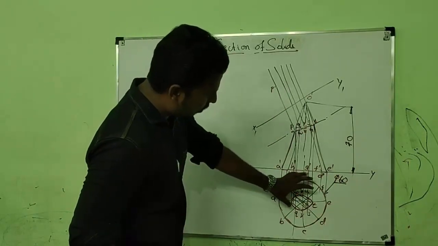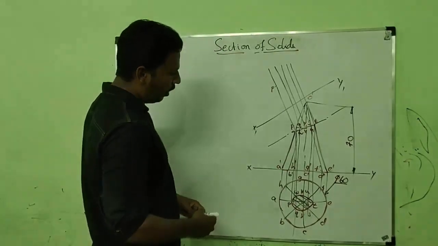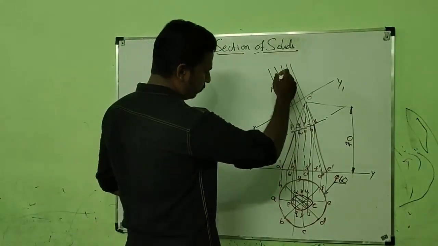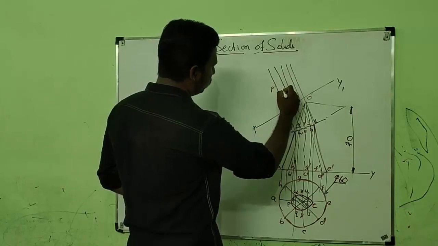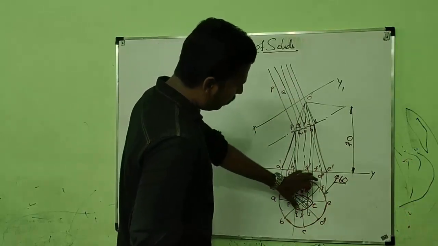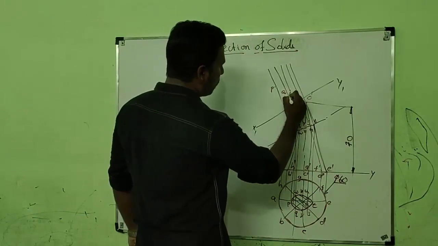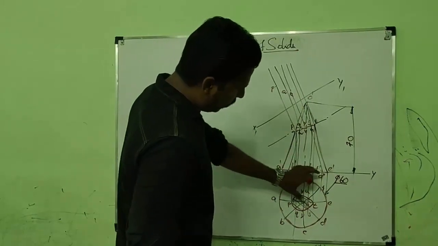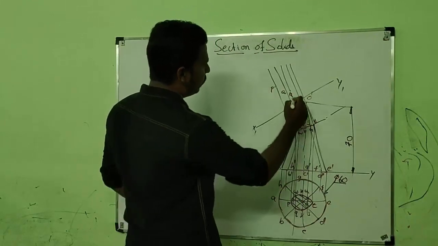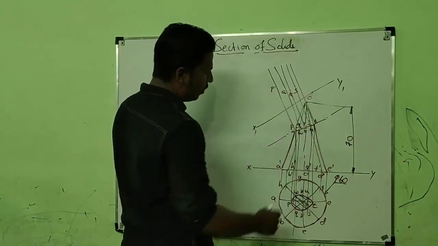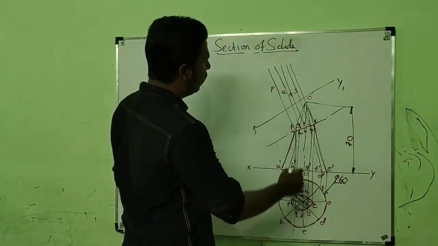Measure the distance of the point Q from the XY line and mark it here from Q. Measure the distance of point R and mark it here. Measure the distance of point S and mark it here. Measure the distance of point T and mark it here.